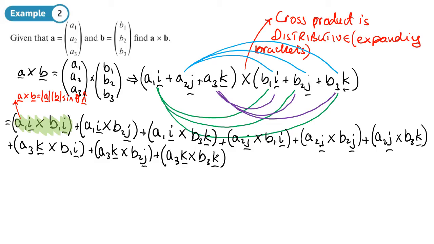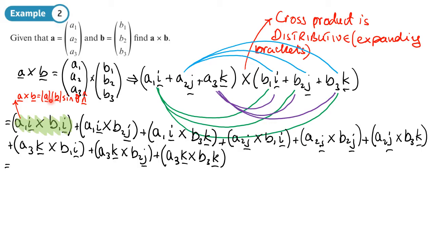Now we just did some work on things which are perpendicular or parallel. In all of these letters here, the a1s, a2s, a3s, the b1s, b2s and b3s, these represent the lengths of the vectors, because i, j and k are unit vectors.